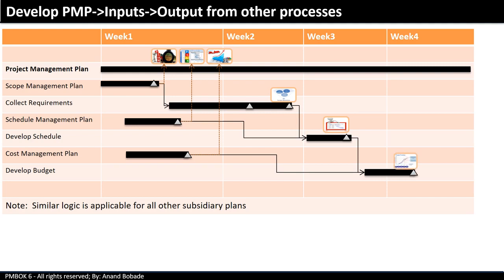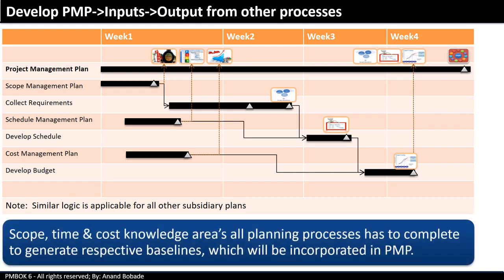Finally, I will have all 3 baselines, that is scope, schedule, cost, ready to be integrated inside the project management plan. The same continues until all other subsidiary plans are prepared and integrated in the project management plan. Once the project management plan is approved, the project will be ready for project kickoff. I hope this gives you a clear understanding of how PMP will be prepared.